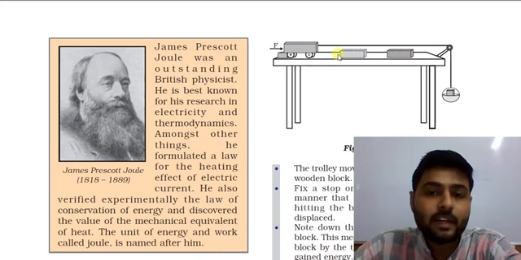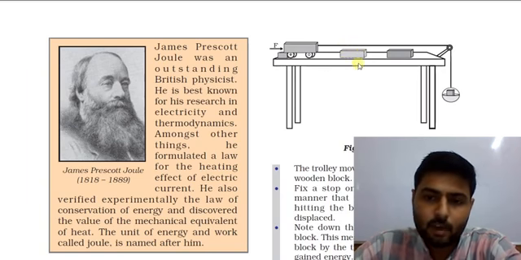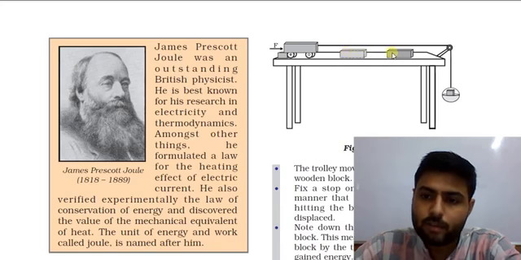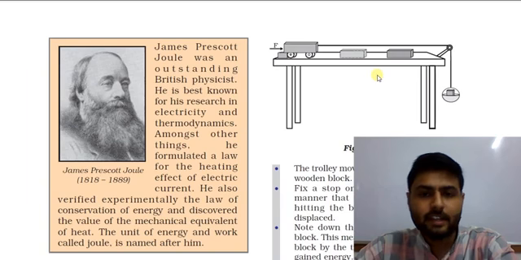So here we have only one block, but in the figure we can see two blocks, that is to show the displacement of the block. Initially the block is here, but as and when this trolley strikes this block, it will move to this other place, meaning it will be displaced.